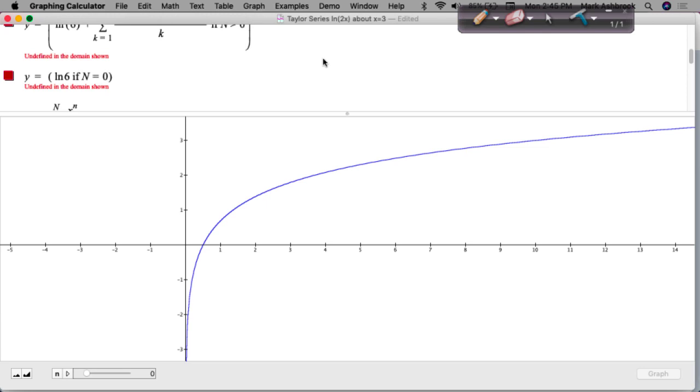The first Taylor polynomial. Who's up? Hunter Hudson, that's you, okay, cool. Can you tell me what the first Taylor polynomial is?